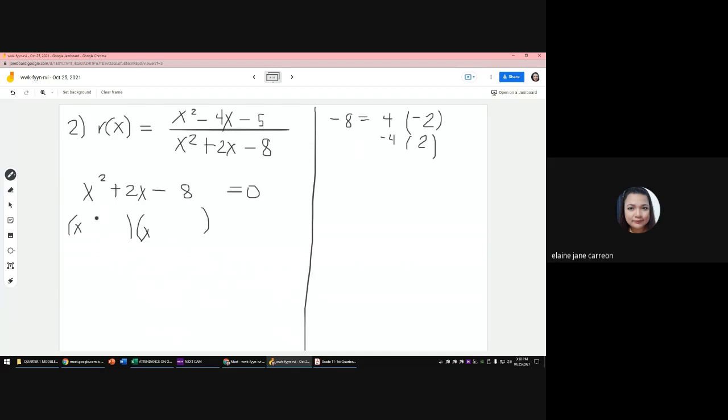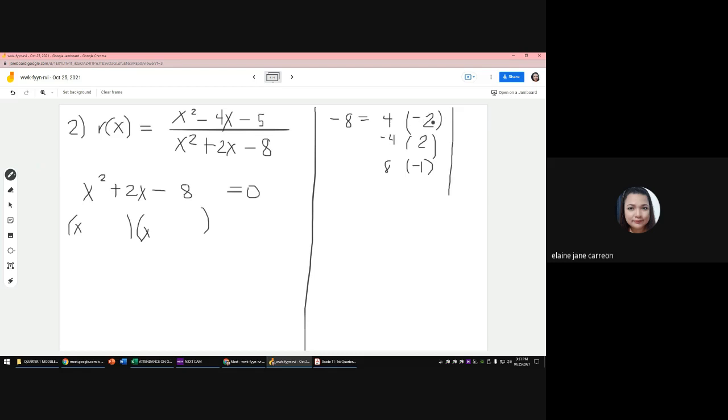So, hindi ko na isasali yung 1 tsaka 8 kasi tingnan nyo, positive 8, negative 1. Pagka inad mo yan, negative 7. Diba? So, let's add. Tandaan nyo, pagka hindi pareho ng sign, subtract. Pagka sinasabi na add the following integers, hindi sila pareho ng sign, subtract nyo and then take the sign of the bigger number or larger integer.